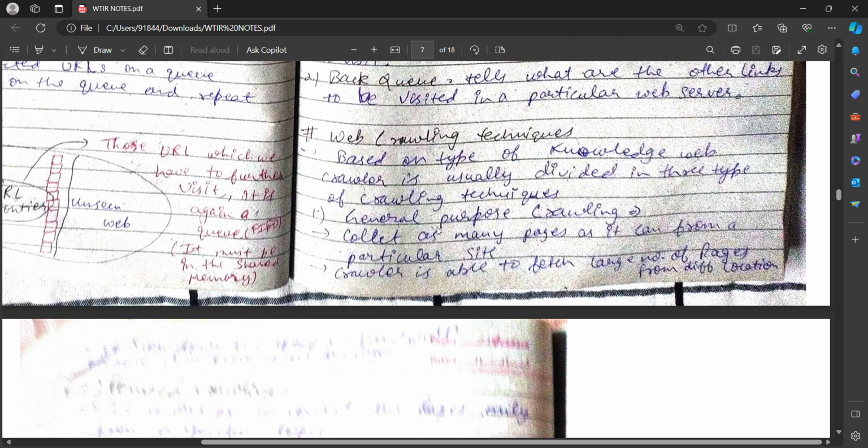First of all, it collects as many pages as it can from a particular website. Second, the general purpose crawler is able to fetch a larger number of pages from different locations.